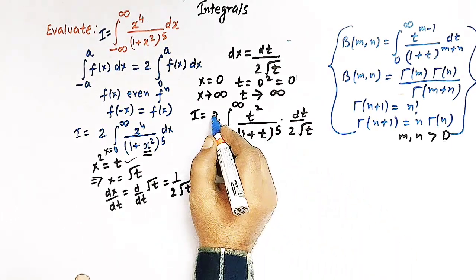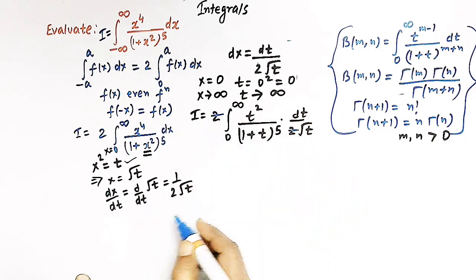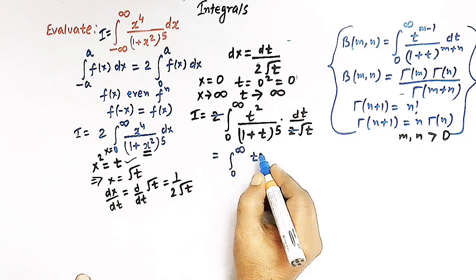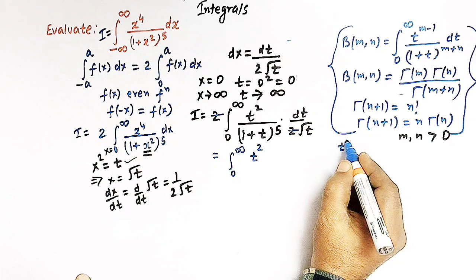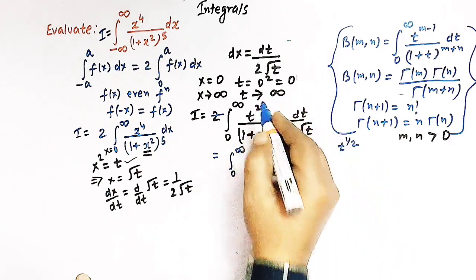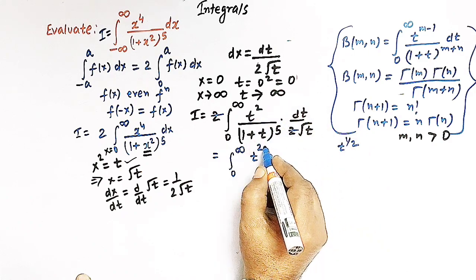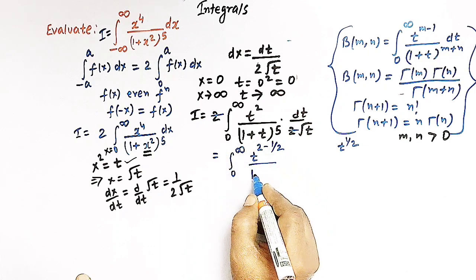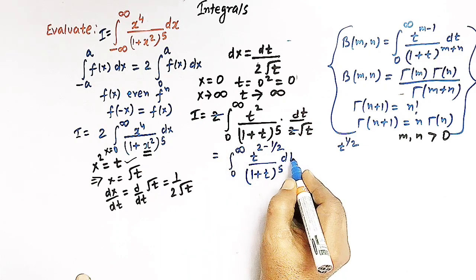So now we can easily observe that this 2 and this 2 get cancelled, and we have 0 to infinity. Then we have here t square, and here we have t raised to half, right? So taking t raised to half to the numerator and applying the laws of exponents, we have 2 minus half, and in the denominator 1 plus t raised to 5, and here we have dt.